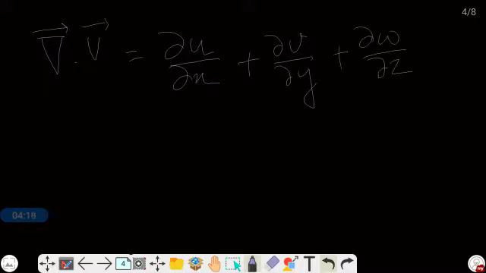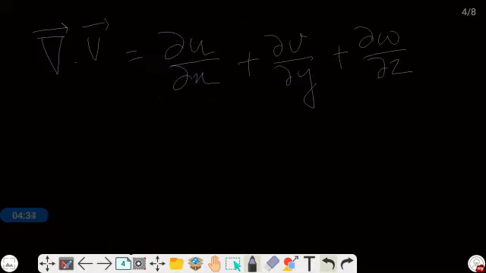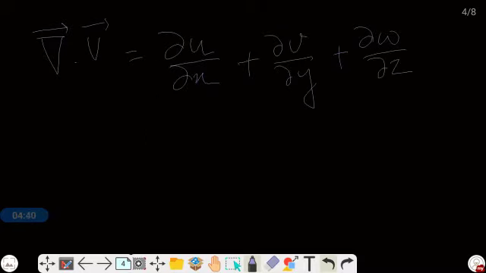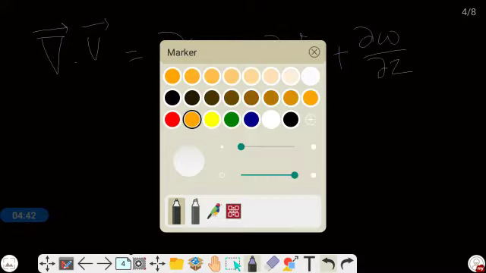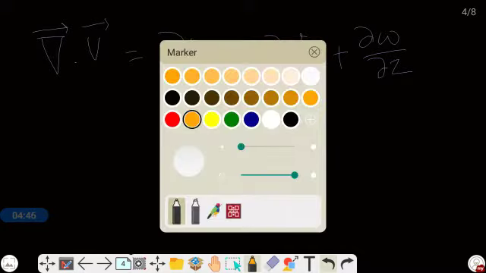Here w is not given, so we will assume that w is 0.